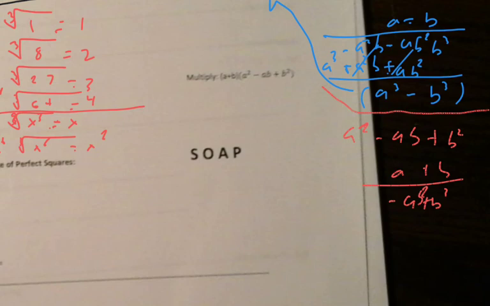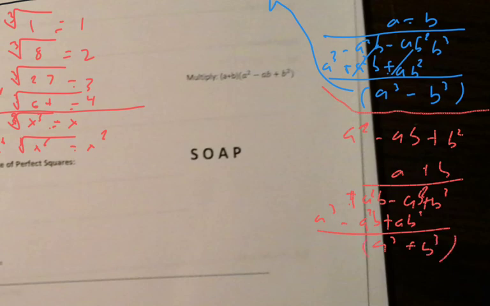Positive b times a squared is positive a squared b. A times b squared is positive ab squared. A times negative ab is negative a squared b. And a times a squared is a cubed. So you get a cubed plus b cubed.